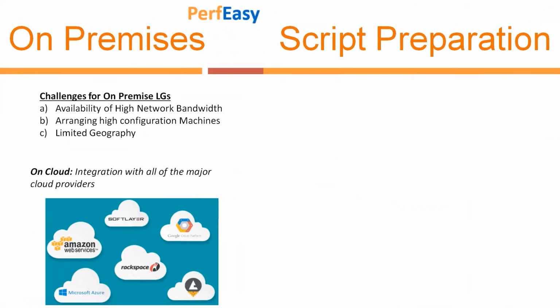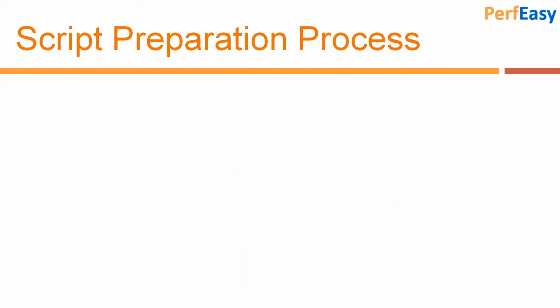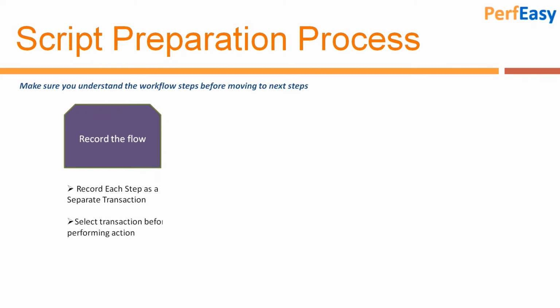Now let's move on to the script preparation process. First step: script has to be prepared for a workflow. An example of a workflow can be launch the application, log into the application, select something, buy a product, and log out.